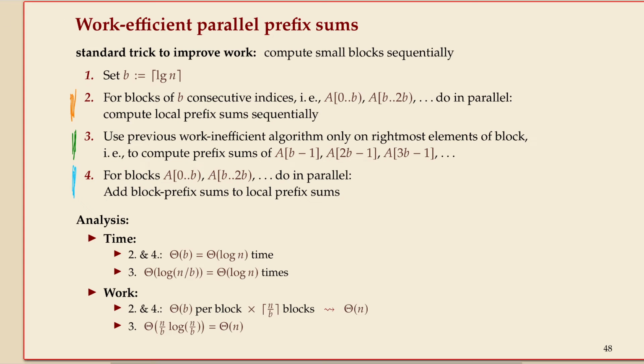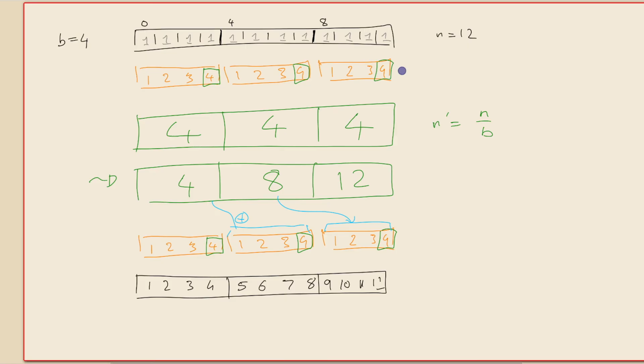Let me try to speed this up a little bit. So the second and fourth step, let's first analyze the time, ignoring work, right? In this second step, we compute sequentially, not using parallelism inside, on a block of size b.